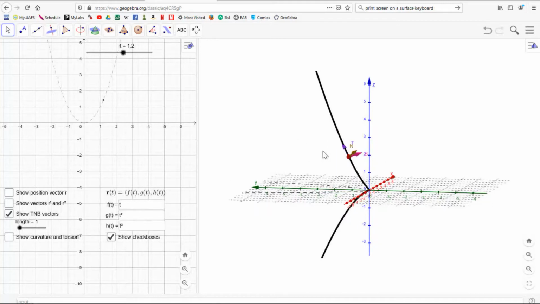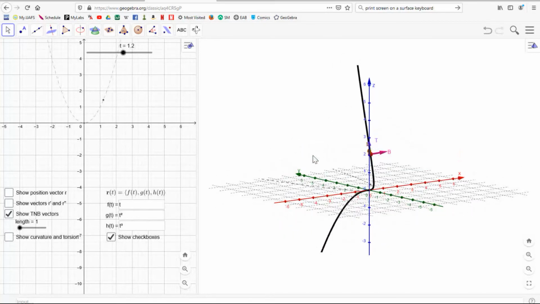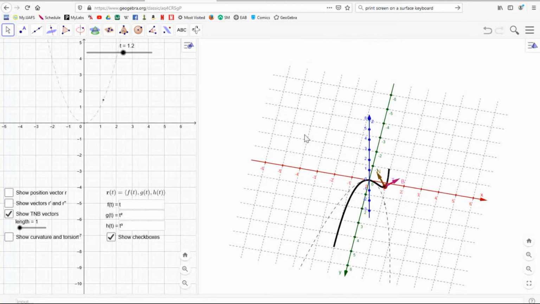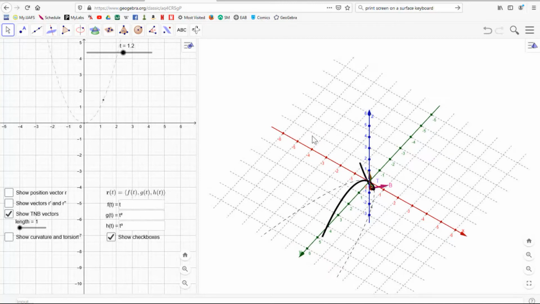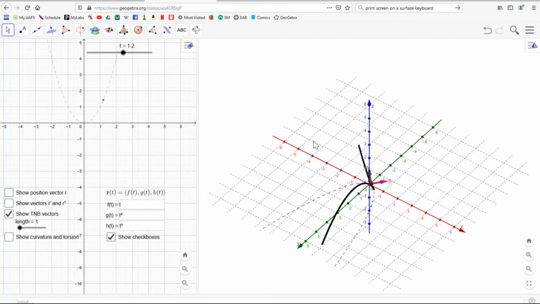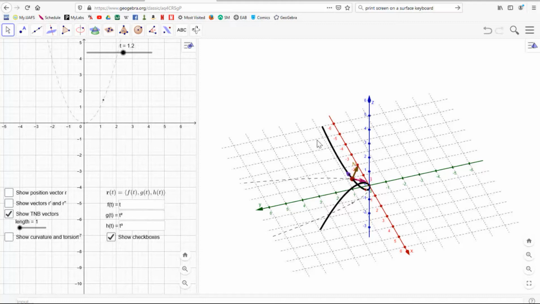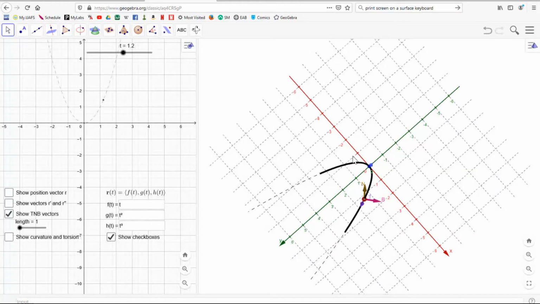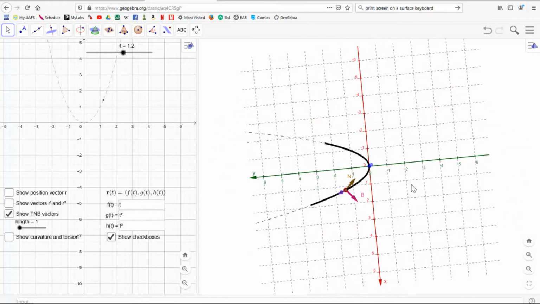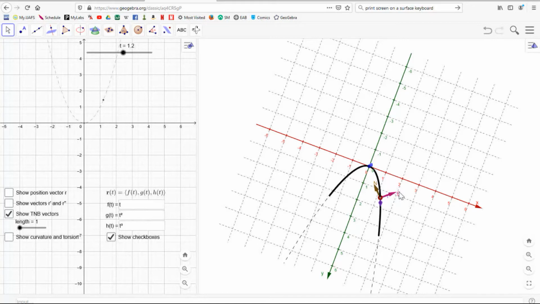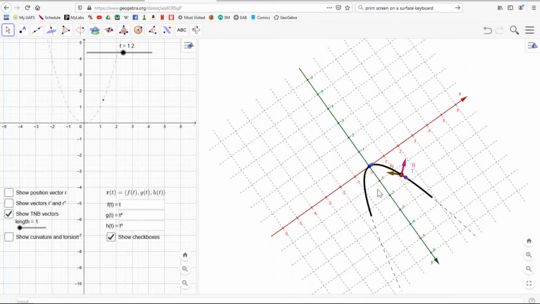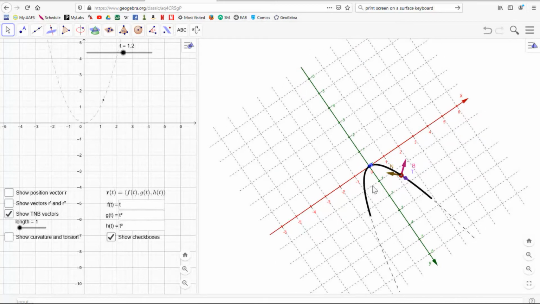Okay, so if you're looking down this way in the direction of motion, depending on how you're oriented, then the T, the tangent, will be in the direction you're going, and the normal vector will be pointed to your left, and then the binormal vector will be pointing up if you're oriented in that direction.